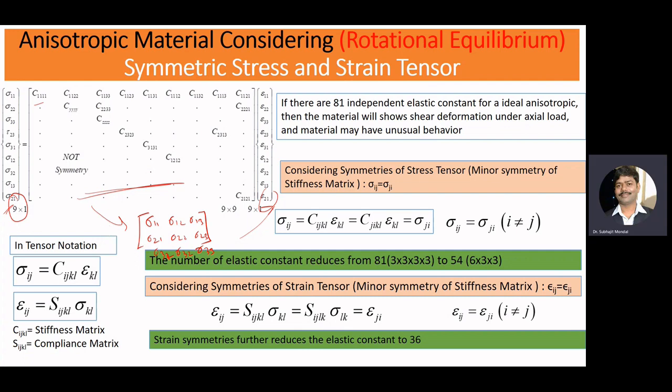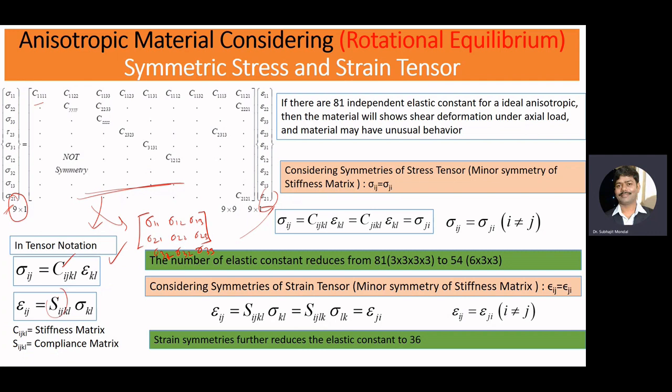We can write the same relationship in tensor notation in this form: sigma ij is equal to Cijkl times epsilon kl. Here C is the stiffness matrix, and S is the compliance matrix.